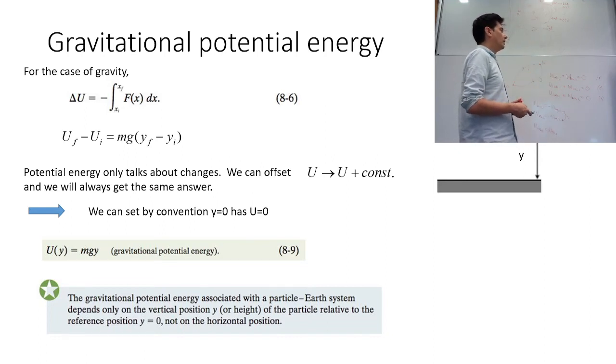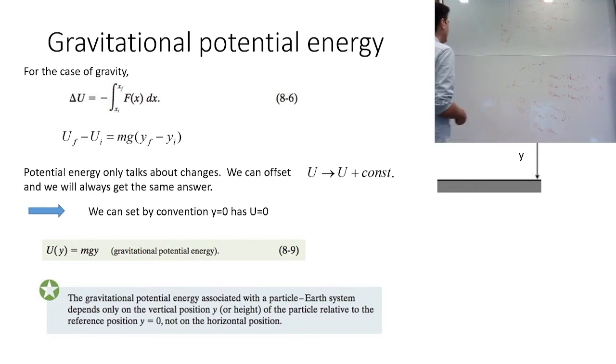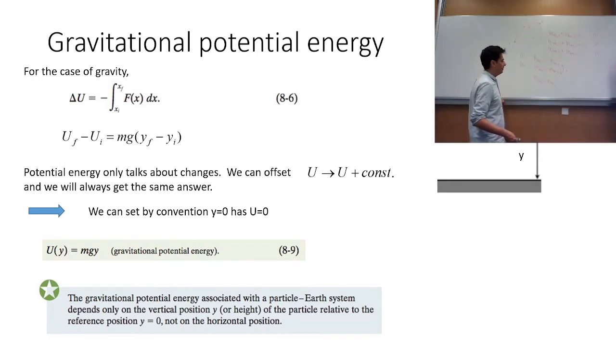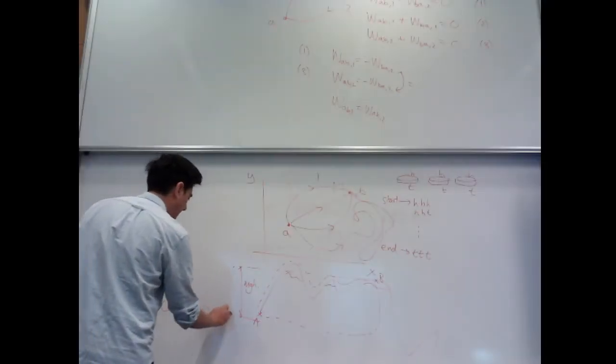So for example, you can define the gravitational potential energy, sort of the absolute value of this, with reference to, say, sea level, right? So say the ocean is here, right?